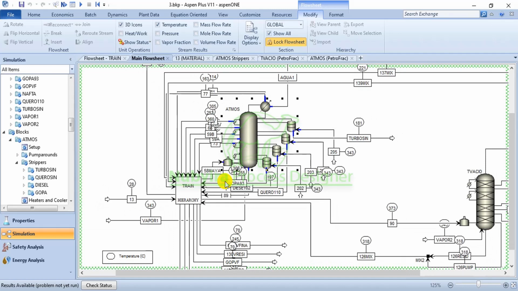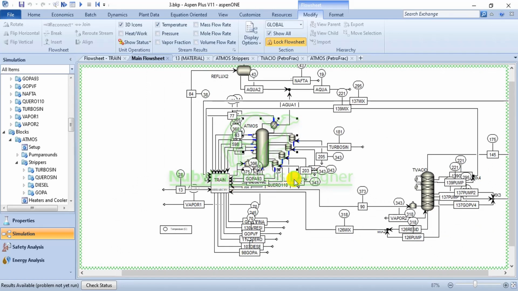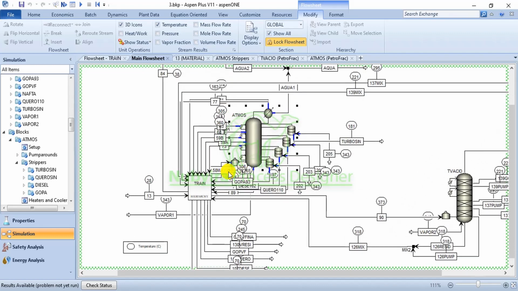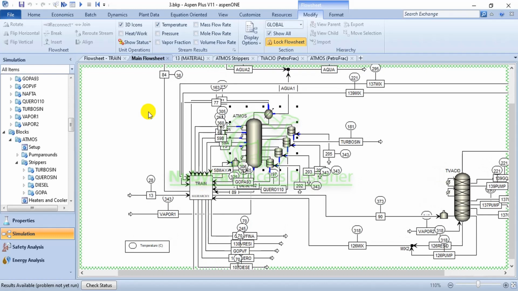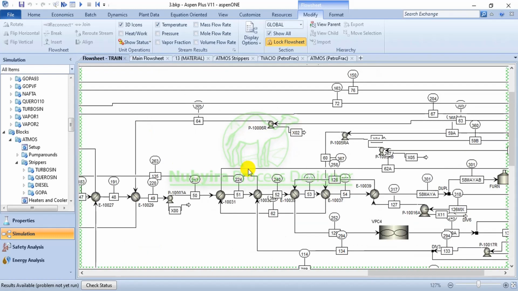In this video, I will be explaining how this is done and how to optimize this heat integration and design an efficient heat exchanger network for refinery units with Aspen Plus. For the heat exchanger network, it is here.